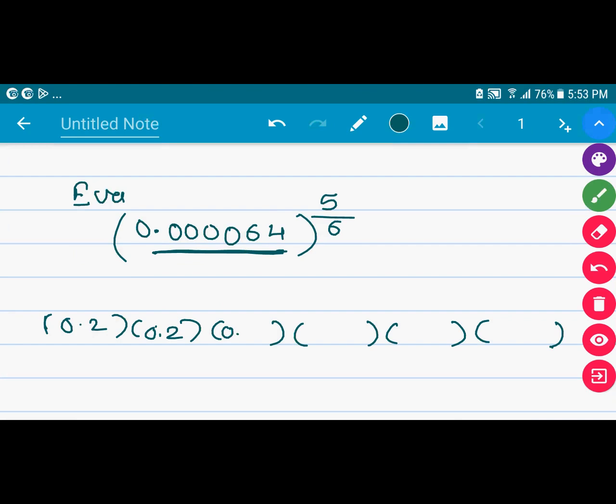So see, 0.2, 0.2, 0.2, 0.2, and 0.2. How many times have I taken it? 1, 2, 3, 4, 5, 6 times. Now why didn't I take 4? See, always start with the lower number first, then we'll move to higher.